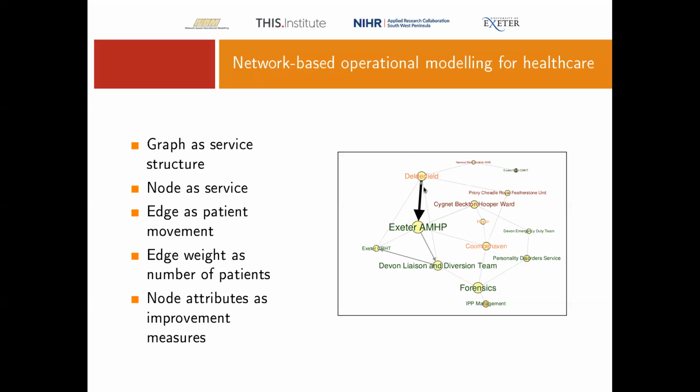There's a large number moving from Delderfield to the Exeter Allied Mental Health Partners team, and there appears to be quite a key triangle between the AMP team, the liaison diversion team, and the CRHT. So we can represent the usage, the activity occurring between two teams.